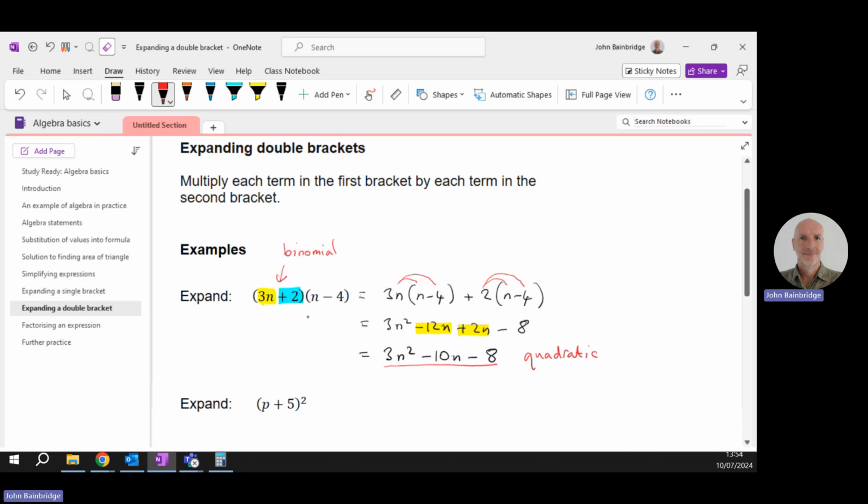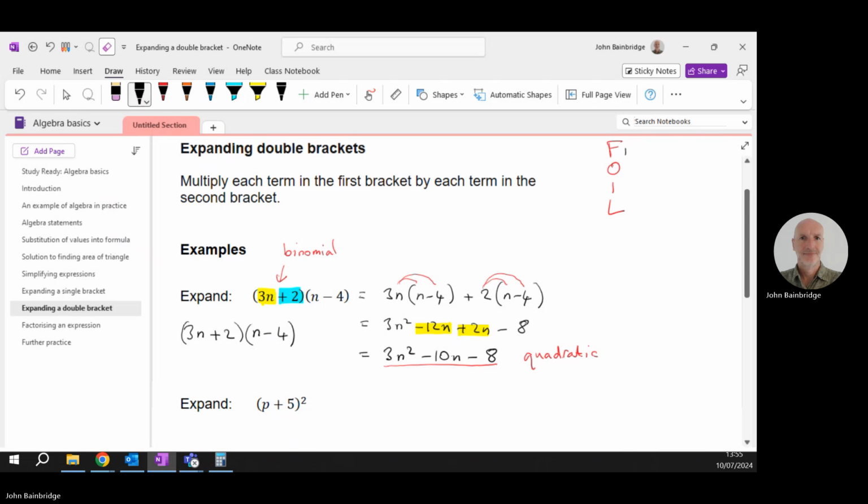Now, people often use the acronym FOIL to remember the different multiplications you do when you're multiplying these 2 binomials. So I'll just write FOIL down here, and quickly show you what we mean by that. So we've got 3n plus 2, n minus 4.